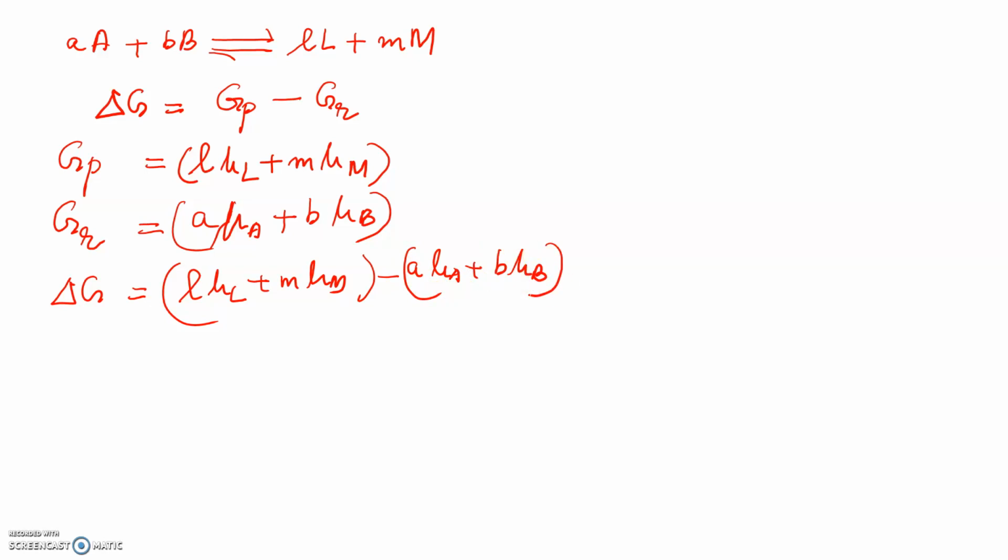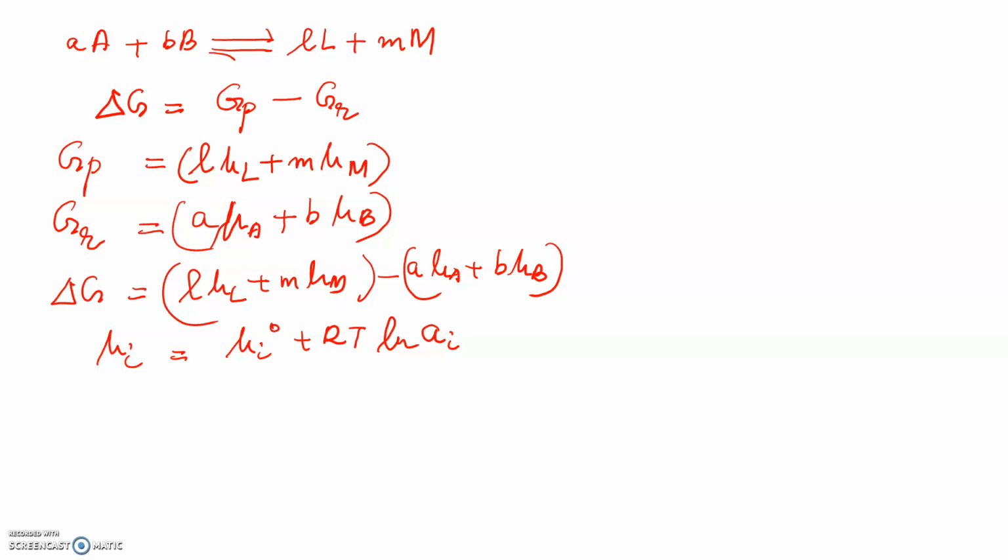But we know that mu i, the chemical potential for a component i, can be written as mu i0 plus RT ln a i, where a i is the activity of that component. Since we are considering real systems, we have to consider activity instead of fugacity or pressure.